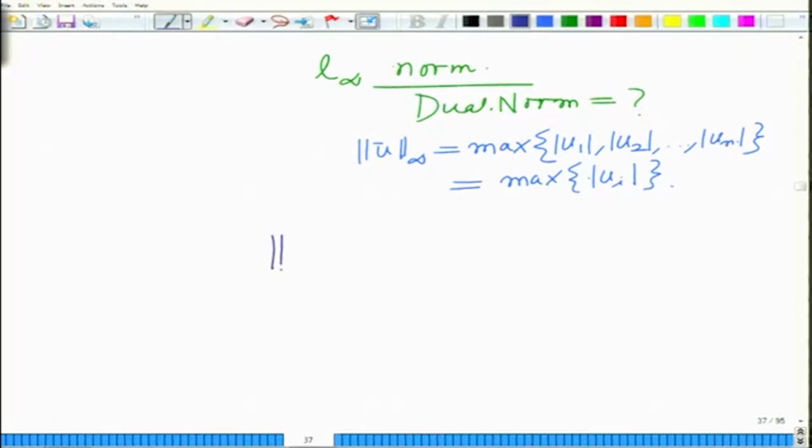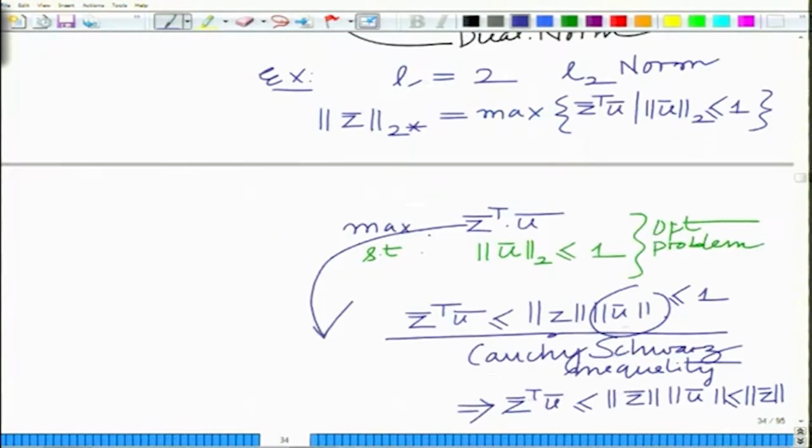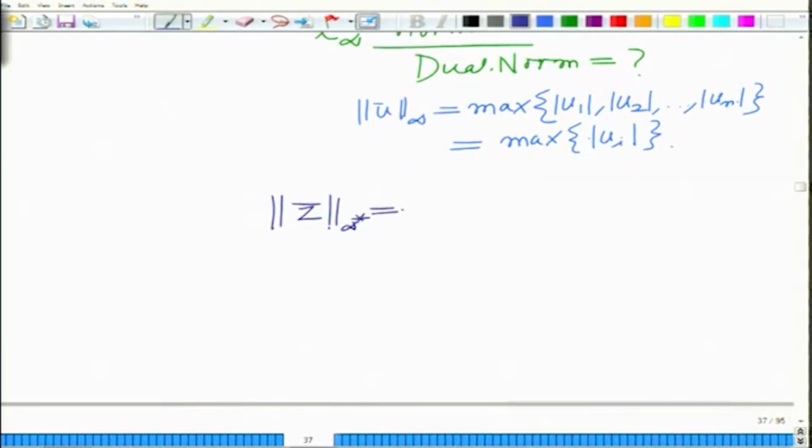That is, the dual norm of z bar, in the infinity norm, is the maximum of z bar transpose u bar, such that the infinity norm of u bar is less than or equal to 1.